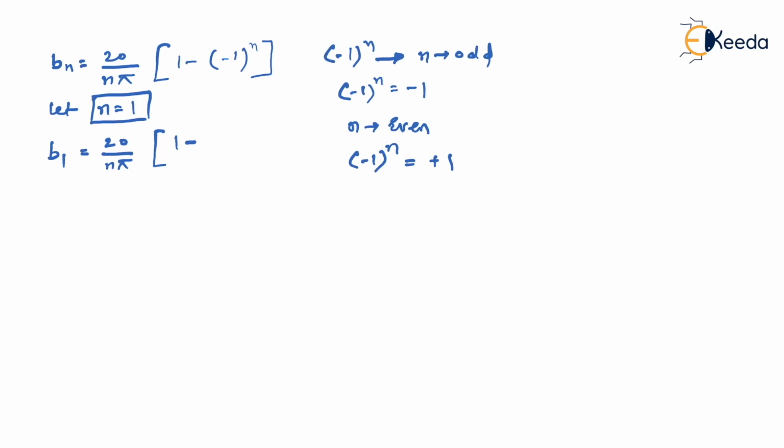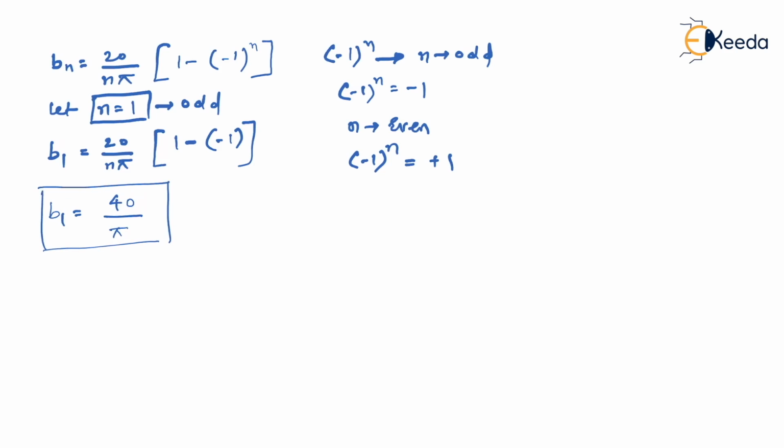Since n equal to 1 is odd in nature, minus 1 to the power n will remain as minus 1. So minus minus becomes plus. In effect, B1 becomes 40 upon n pi, and since n is equal to 1, I can just write 40 upon pi. So this is the value of B1.